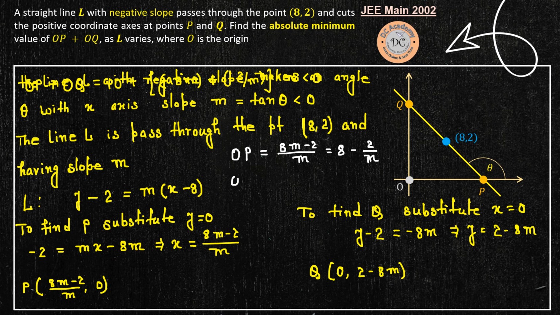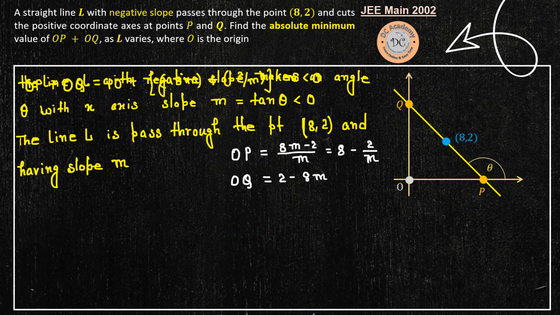And OQ is equal to 8 minus 2m. Now our job is to find the minimum value of OP and OQ.